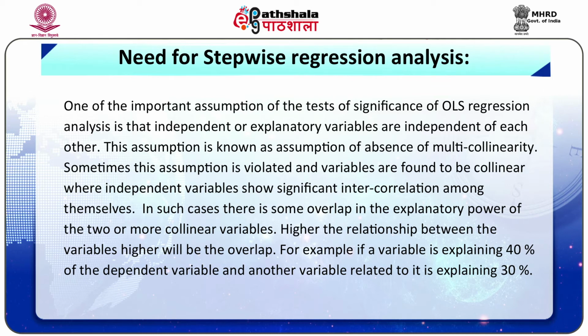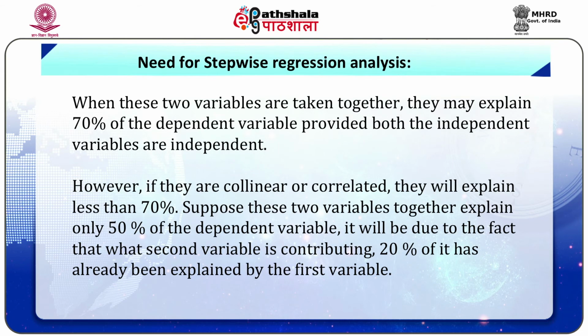For example, if a variable is explaining 40% of the dependent variable and another variable related to it is explaining 30%, when these two variables are taken together, they may explain 70% of the dependent variable provided both the independent variables are independent. However, if they are collinear or correlated, they will explain less than 70%. Suppose these two variables together explain only 50% of the dependent variable.